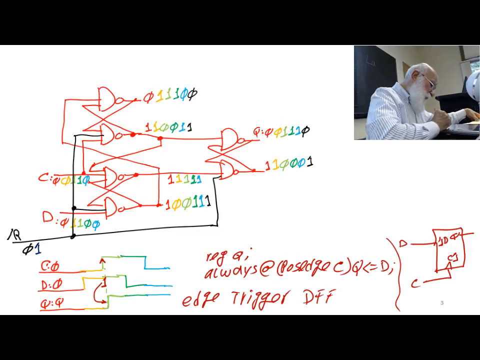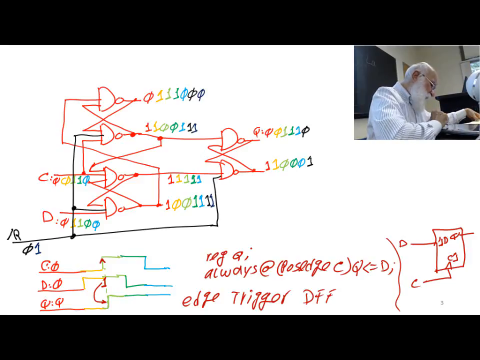Now, this changed back to 1, and therefore I have a 1, I have a D of 0, this remains a 1. I have a 1 on the top gate, and I have another 1, so this is 0. I have a 0 here, this is a 1.